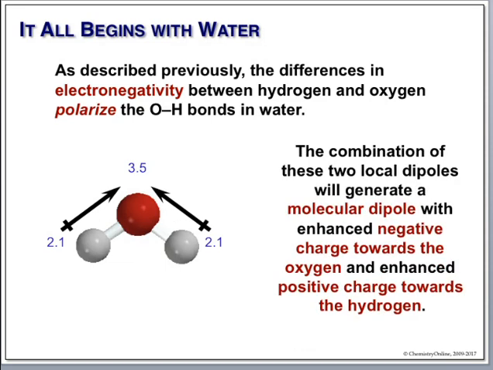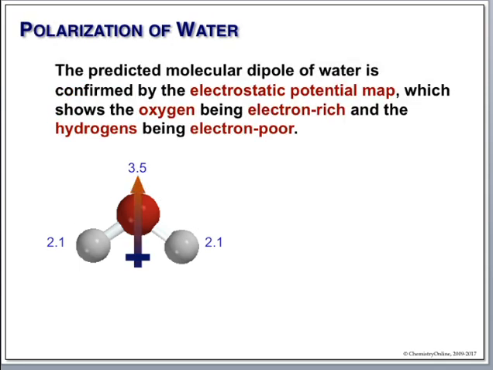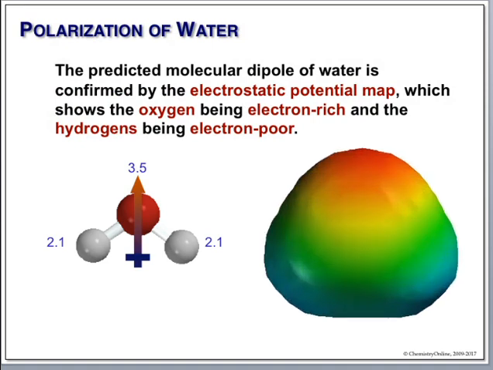We said that the covalent bonds in water were polarized because we have differences in electronegativities: 2.1 for hydrogen, 3.5 for oxygen. This leads to a molecular dipole where we have a positive end of the molecule down here and a negative end.